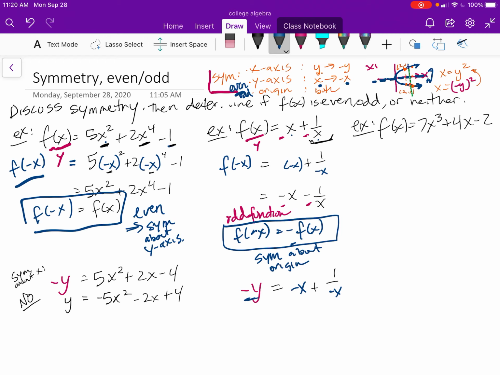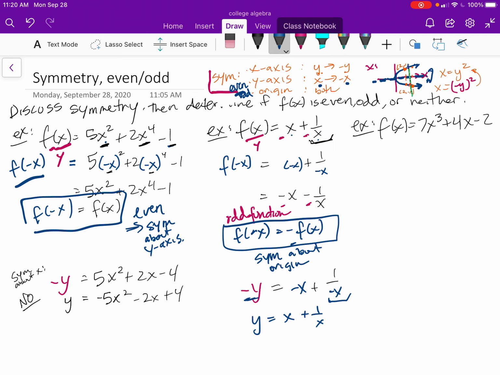So I would have y equals positive x, and then this also becomes positive. It's the same as the original. So if you substitute both a negative x and a negative y, and you get the original relation or function in this case, then I know it's symmetric about the origin.